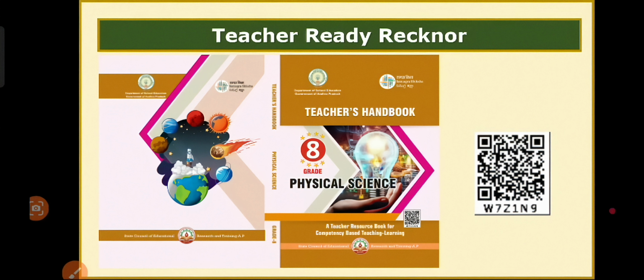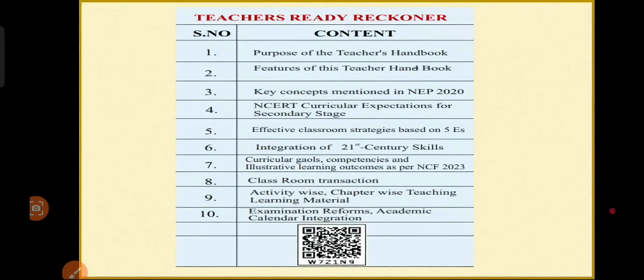As a part of the teacher ready reckoner, if you see the QR code on the cover page, we can access the following content: purpose of the teacher handbook, features of the teacher handbook, key elements of the teacher handbook, and also NCERT curricular expectations, effective classroom strategies based on 5 E's, integration of 21st century skills, curricular goals and competencies, and the LOs as per NCF, classroom transaction, what to do before classroom transaction, while teaching and after teaching, and also the activity wise, chapter wise teaching learning material, along with the examination reforms, and instructions to teachers and students also.